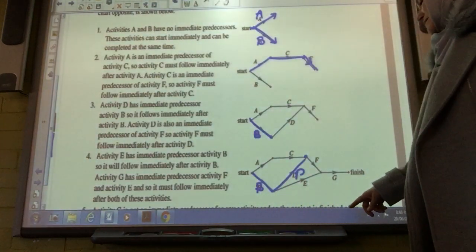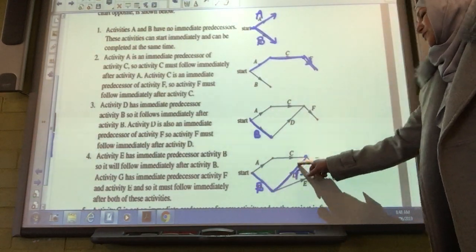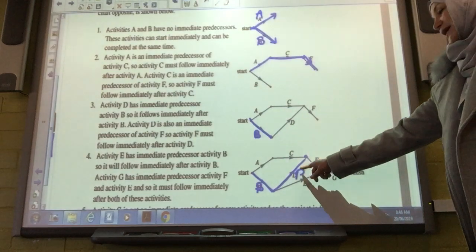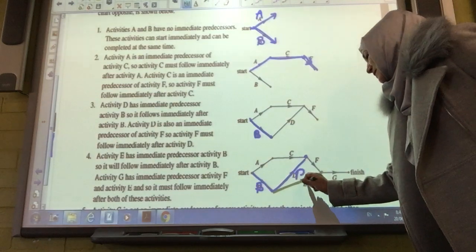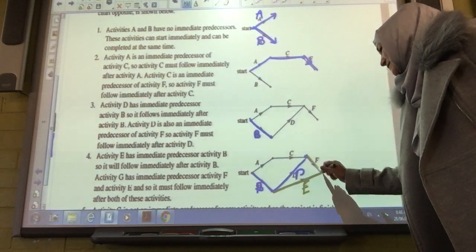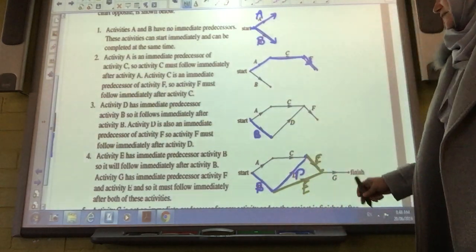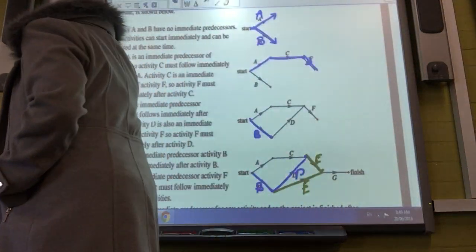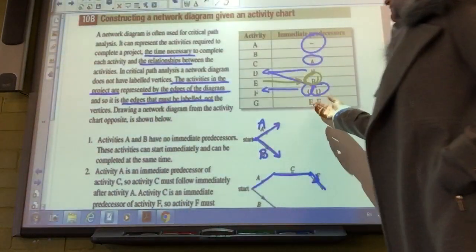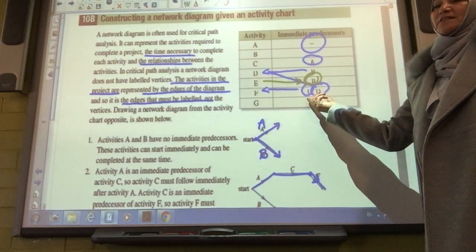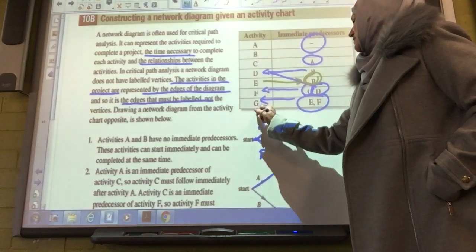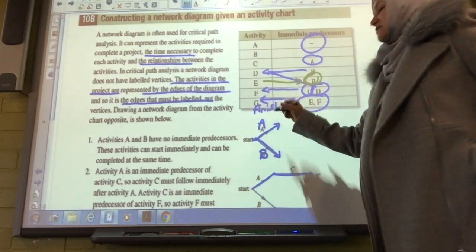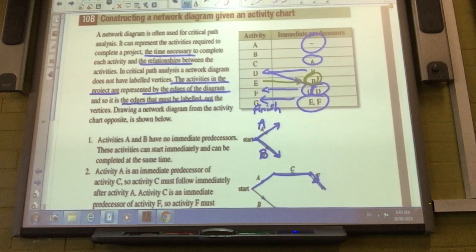From B, you join to F by D, and you join again through E to G, to F. And then again G is the finishing point here. So G is the finish point.